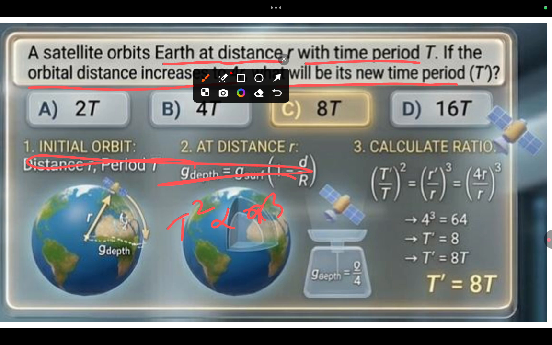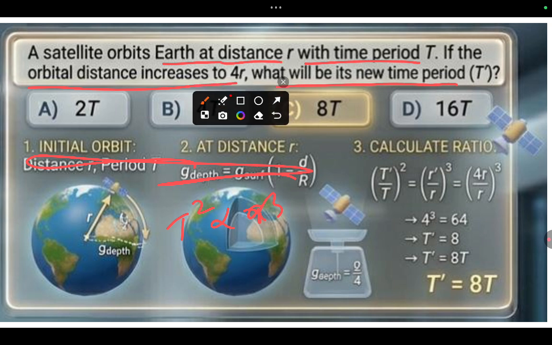So if the orbital distance increases 4 times, T2 by T1 equals (r2 by r1) to the power of 3 by 2.